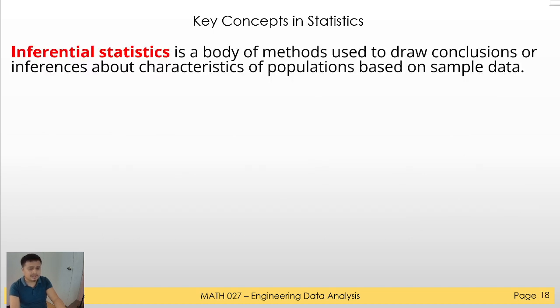But in contrast to that, inferential statistics is a body of methods used to draw conclusions or inferences about the characteristics of populations based on the sample data. So inferential statistics is when you take a sample from a population, then you analyze this sample and create conclusions about the population, or even predictions.